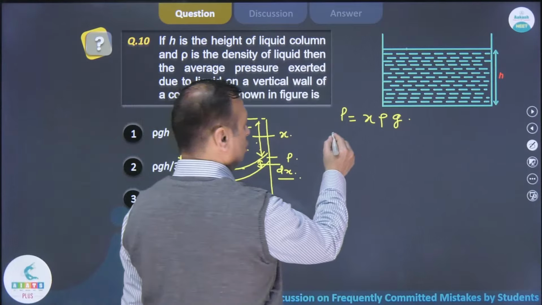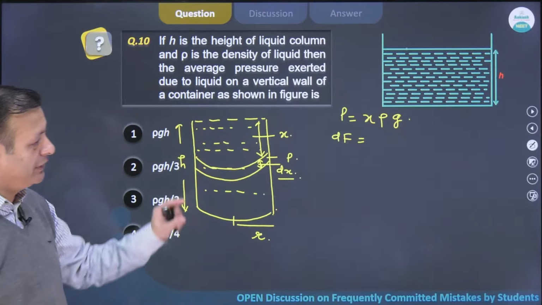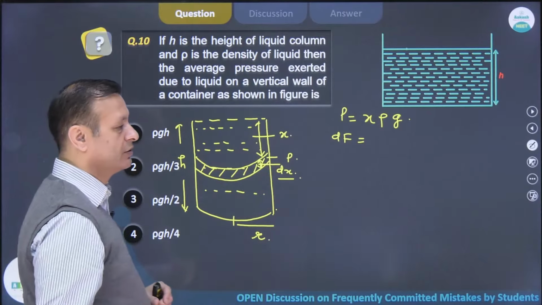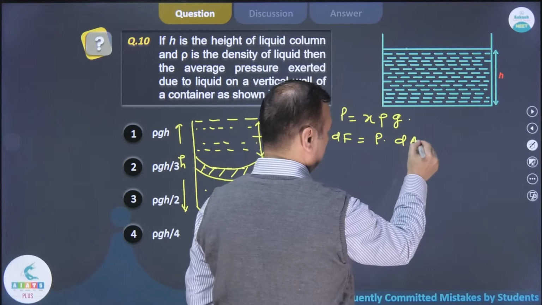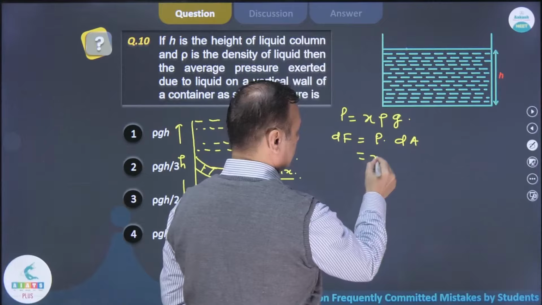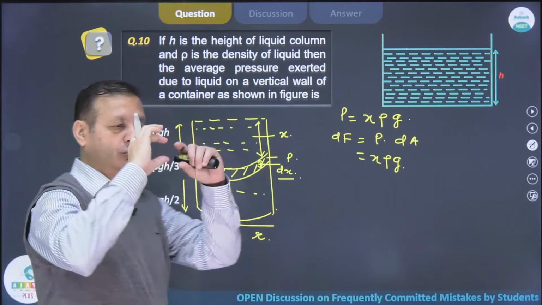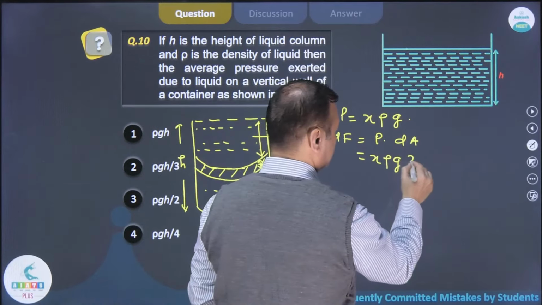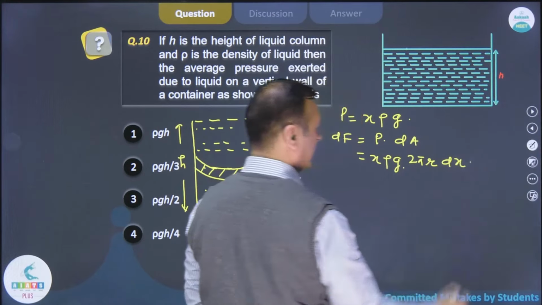Then what is the small force acting on this? Force is pressure times the area of observation. So this force would be P times the small area dA. This P is x rho g, and the area of this strip: the strip is of thickness dx, so its circumference is 2 pi r, and multiplying by the thickness defines the area.